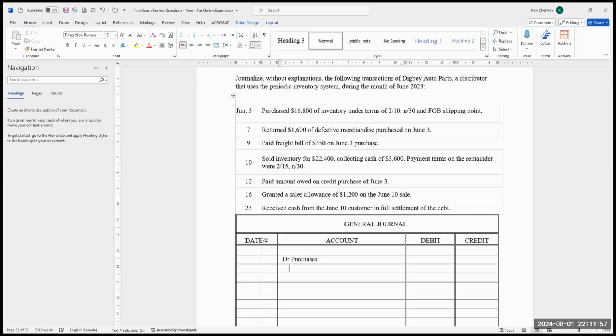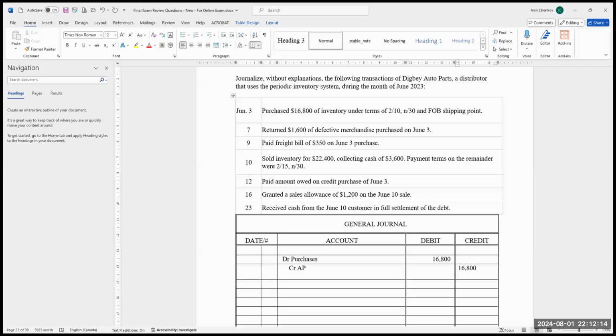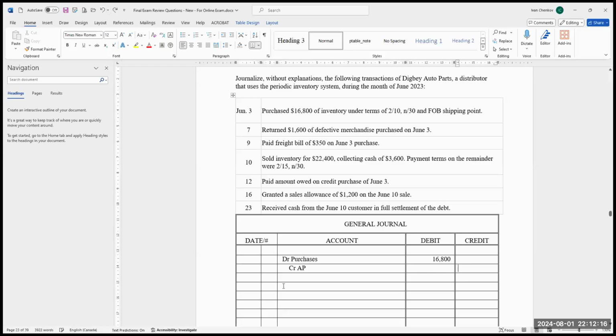And the credit is going to go to accounts payable, since we're not paying. And the amount will be exactly the same, 16,800 here and 16,800 right here. And that's our journal entry for the date of June 3rd.